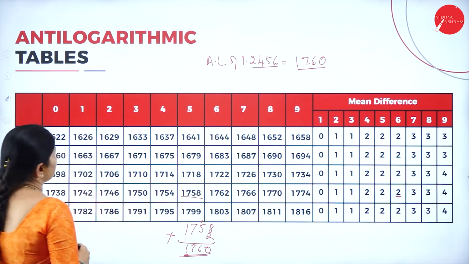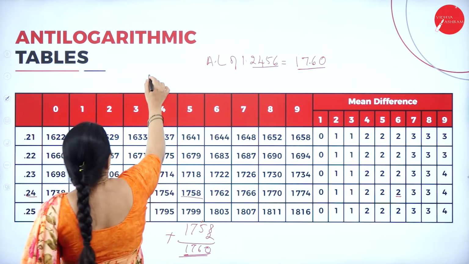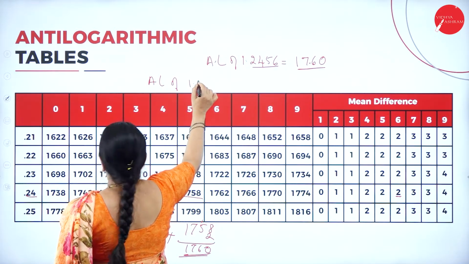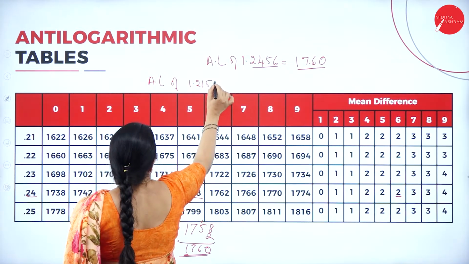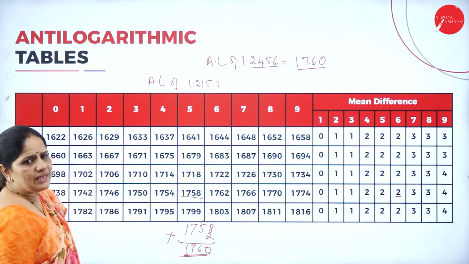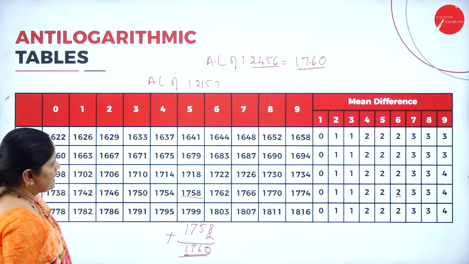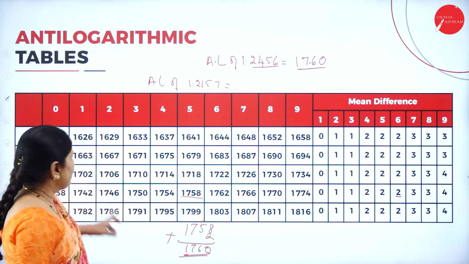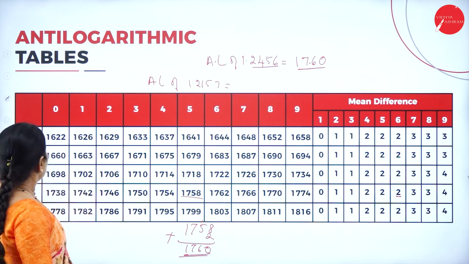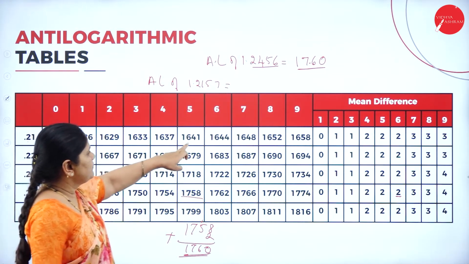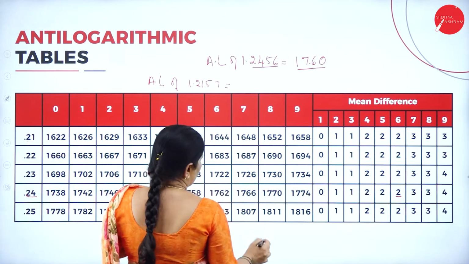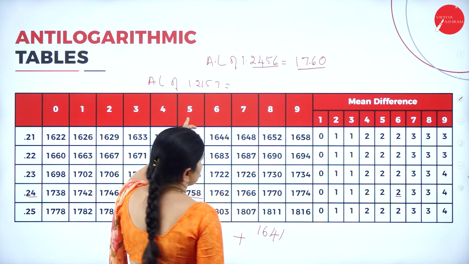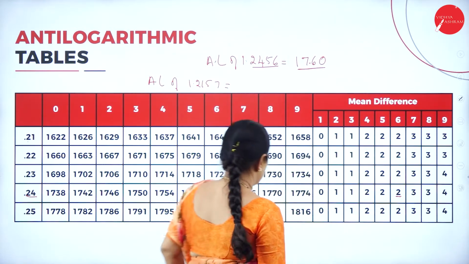Now, I will give you one more example. Suppose I write, find out the anti-log of 1.2157. What should I do first? I will see the 21. Where is 0.21? 0.21 is here. Now, the fifth column, 1641. 1641 plus 7, it is 3.